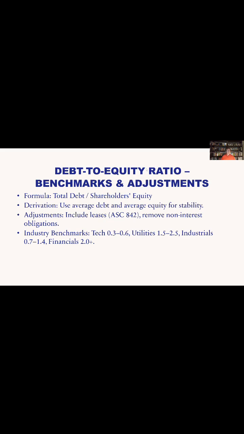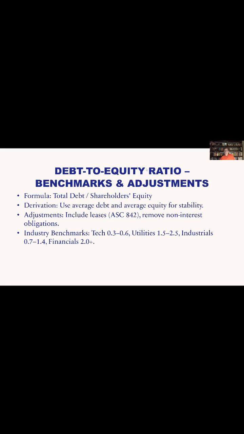It's going to be from the beginning to the end of that period that you're looking at, just to keep it very stable. And one of the adjustments that I'd like to make is this: when you think about total debt, you usually just think about what the company owes, especially loans and so forth. But it can also include leases. So if a company is leasing a lot of their capital or the facilities that they're using, and those leases run 5, 10, 15 years, then you want to capture that as a form of debt.